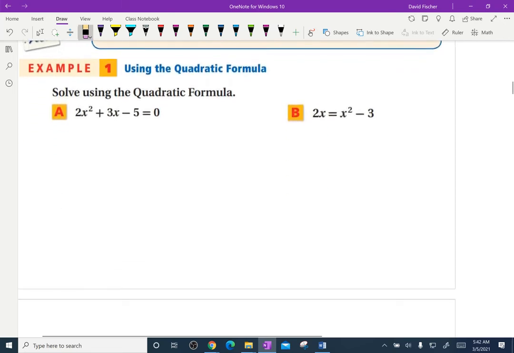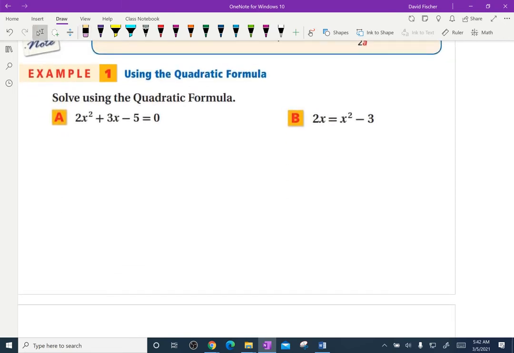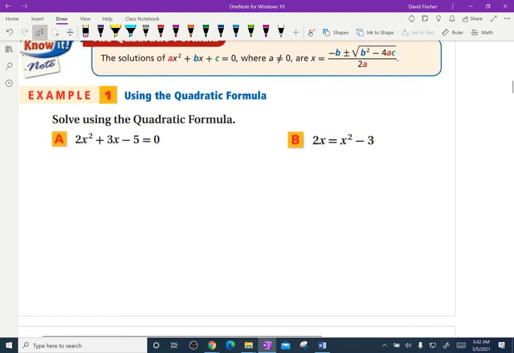So the first thing we always need to do is make sure it's in standard form, and that one is. And so we're going to leave it so we can see our formula up there. We have minus b, which is this middle term. So we have minus 3 plus or minus the square root of 3 squared minus 4 times our a, which is 2, times our c, which is minus 5.